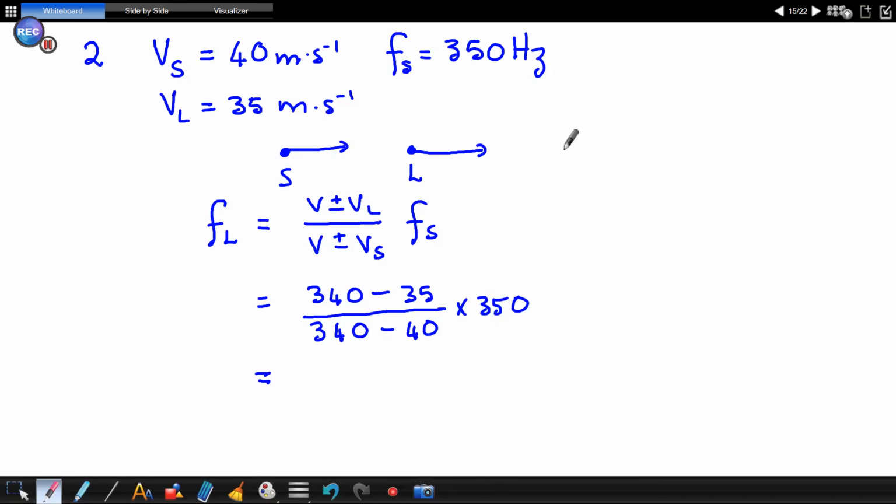So what must I do there? The denominator must get smaller. Okay, so what is the frequency that he will actually observe? 355,83. Good.